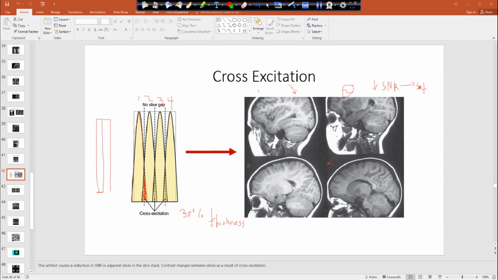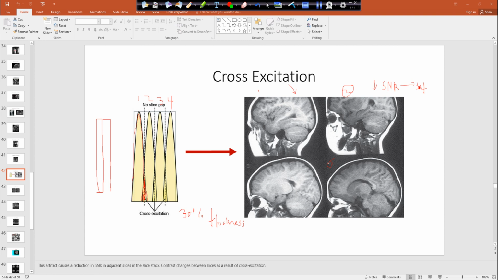How do we calculate the gap for that? 1.5. So 5 times 0.3, 1.5.